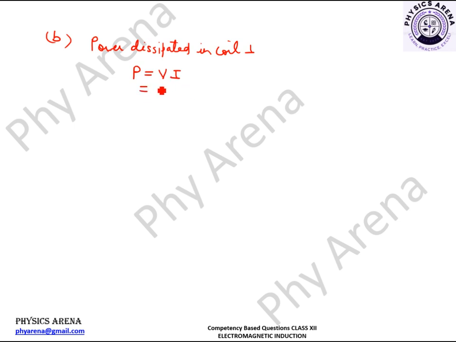And in place of V, I can write E1, I1 for coil 1, and that is P1. Similarly, for coil 2, P2 will be E2, I2.